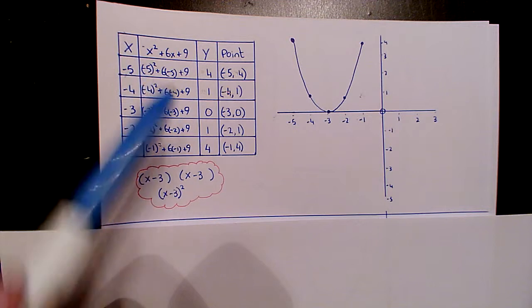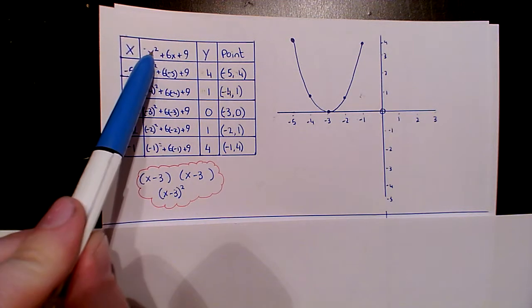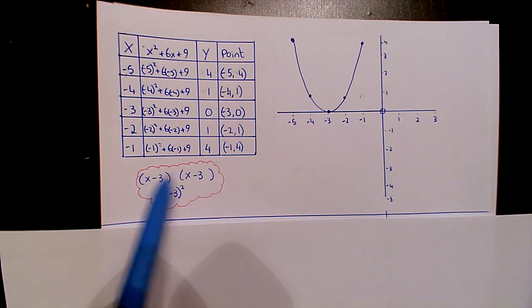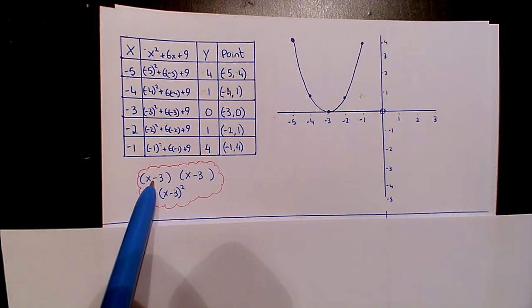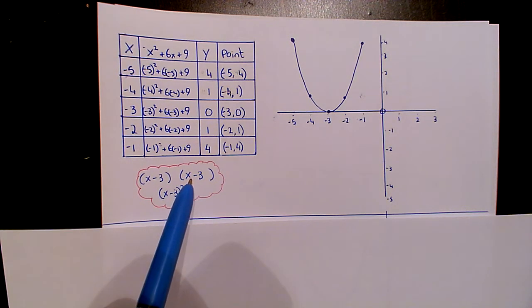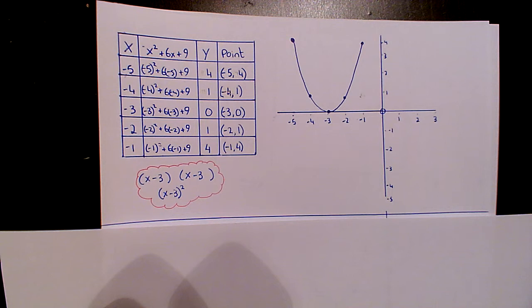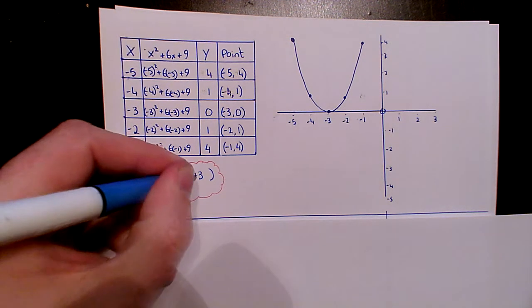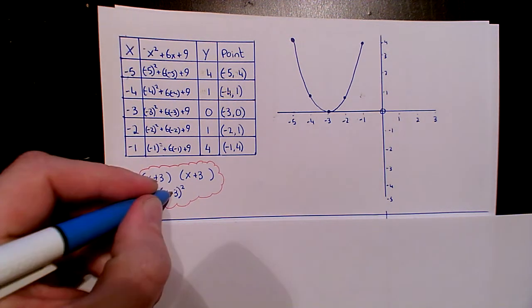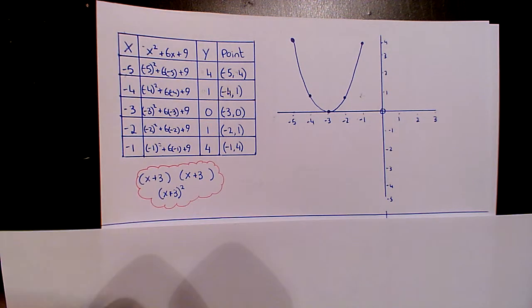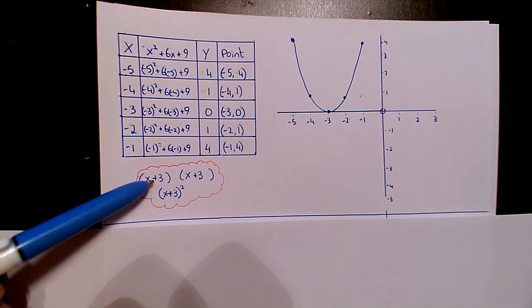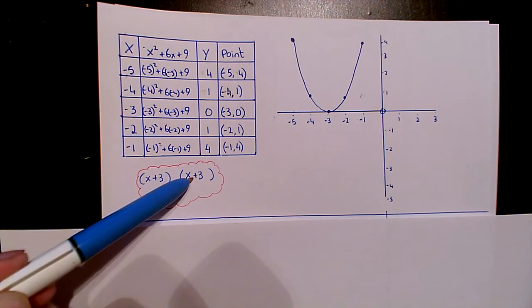Now if I was to factorize that out using your guide number or your minus b formula, or just to factorize it out, you'd get two answers, x minus 3 and x minus 3. Okay, sorry, actually it's x plus 3 and x plus 3. If you factorize that out, you will get these answers.